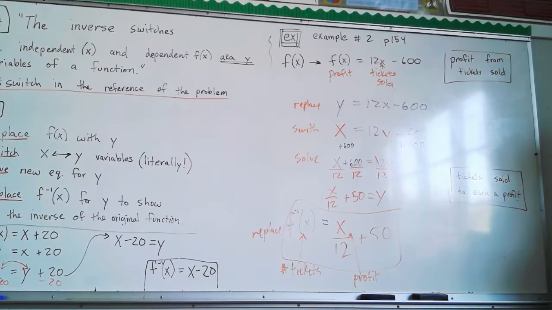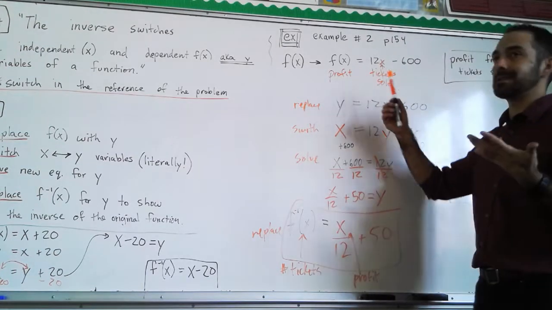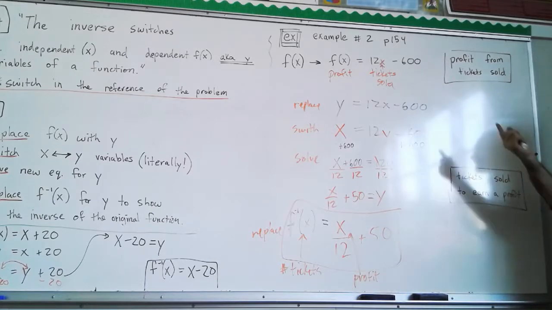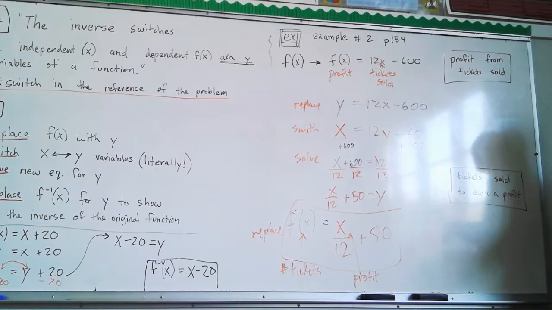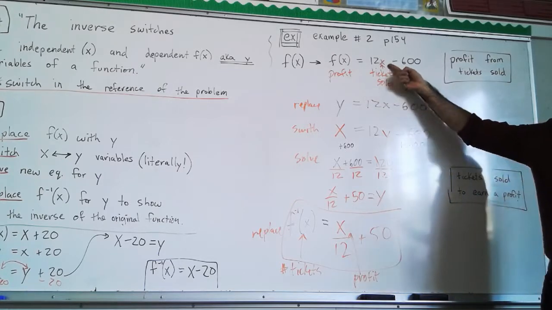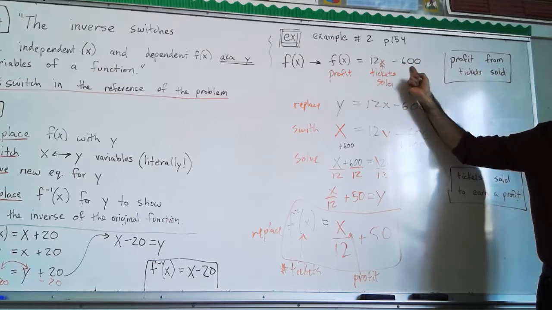I'm going to have an activity either tomorrow or on the quiz that looks at this for different kinds of businesses, because if you run a business, these equations aren't really tricky to work out. For instance, each ticket costs $12, but you had to rent the theater for $600.